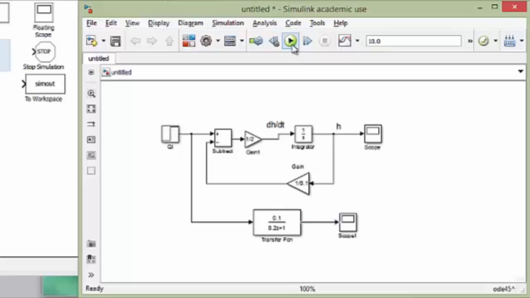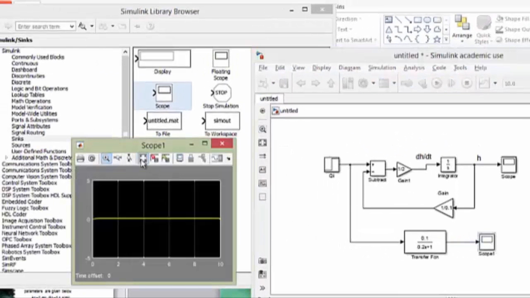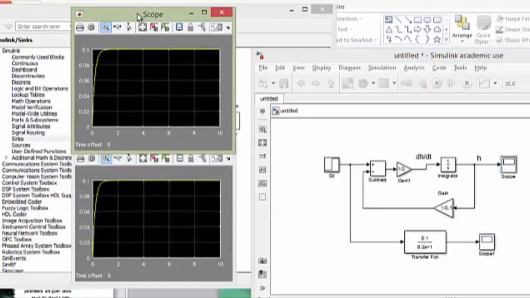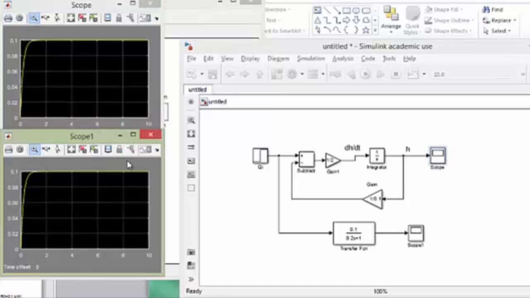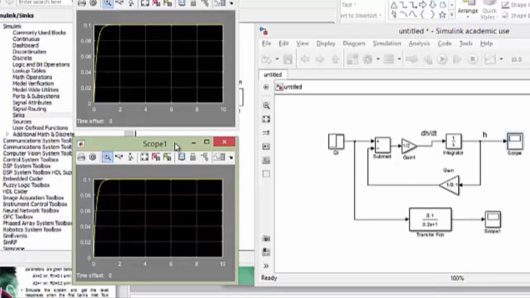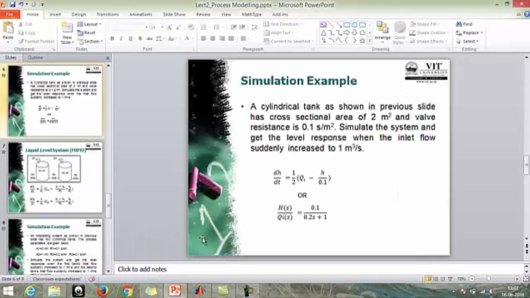And if I run this again, both scopes, if you are observing, will give you similar dynamic response because both the systems are the same, one with ODE and another one with transfer function model. This way you can simulate and analyze the single input single output case.